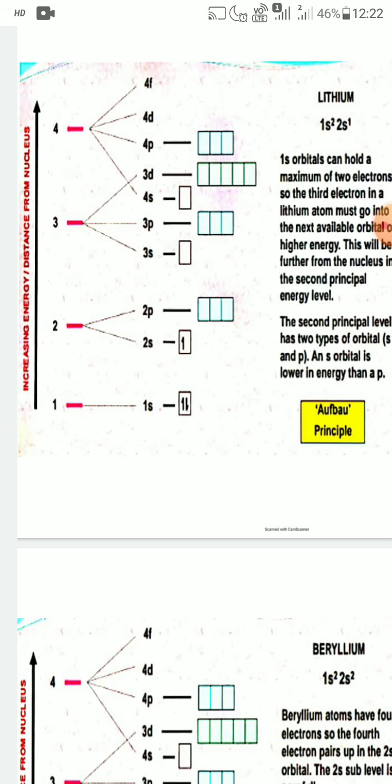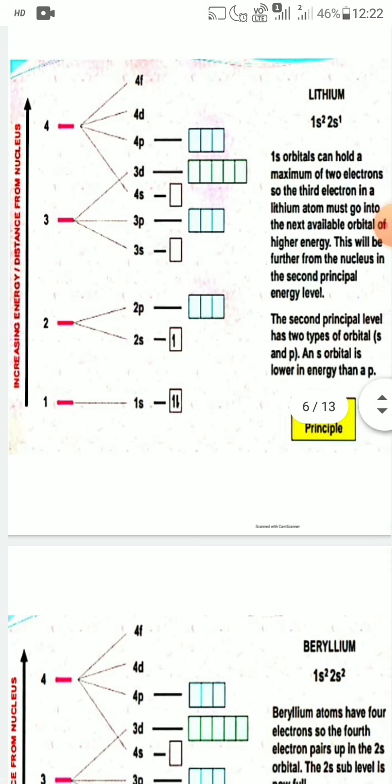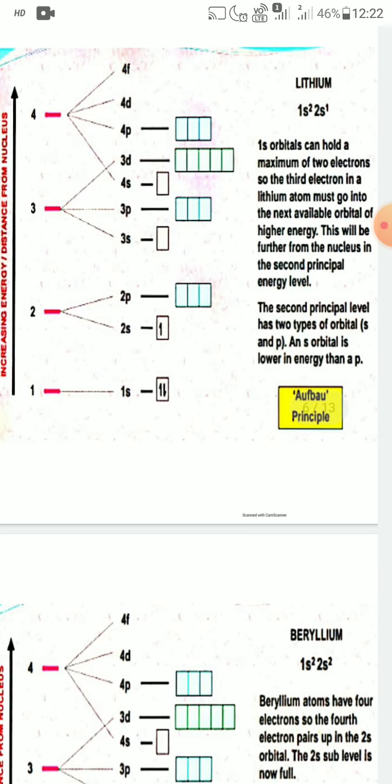This is because 1s orbital can hold a maximum of 2 electrons. So the third electron in lithium atom must go into the next available orbital of higher energy, that is in 2s orbital.